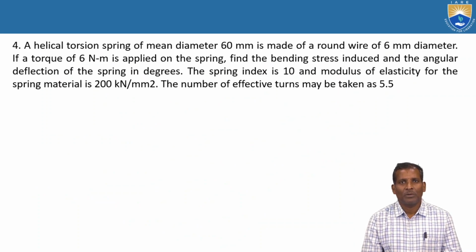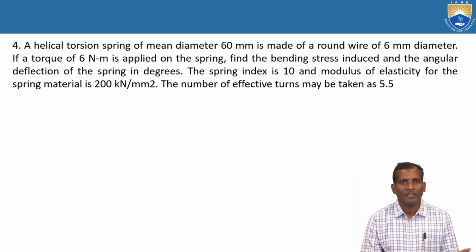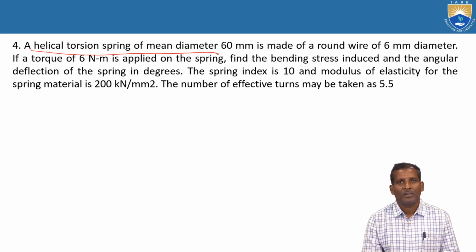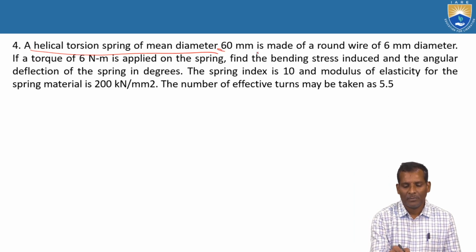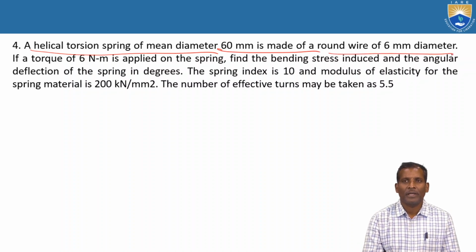So next, the fourth problem we will see. This problem is for a helical torsion spring. Up to now we have seen closely coiled helical springs. In this problem we will see a helical torsion spring of mean diameter 60 mm, made of round wire of 6 mm diameter.